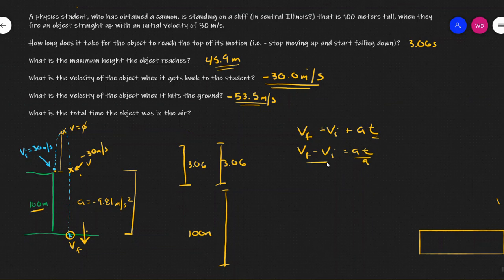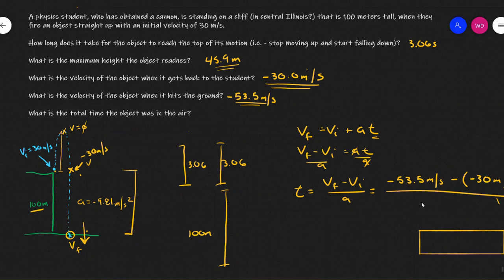Divide both sides by acceleration, and time is equal to V final minus V initial divided by acceleration. V final we know is minus 53.5 meters per second, minus its initial velocity, which is from here to here, minus 30 meters per second, all divided by minus 9.81 meters per second squared.